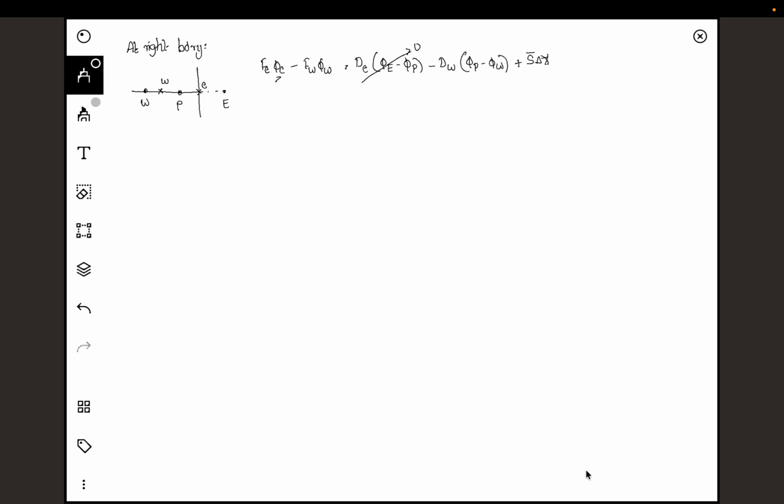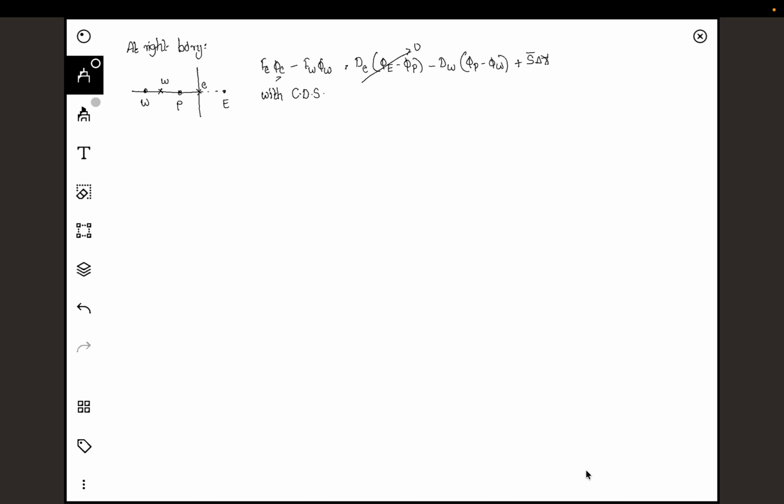And what about this phi e? Again, depending on the value of u, this will change. So if u is positive, or I should say if F east is positive, this equation becomes, or let's say we will use central difference for now. We started out with the central difference scheme.